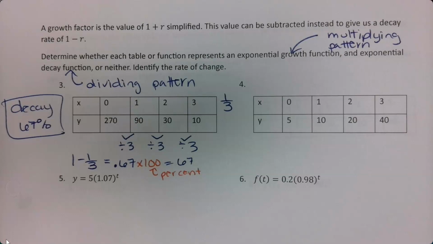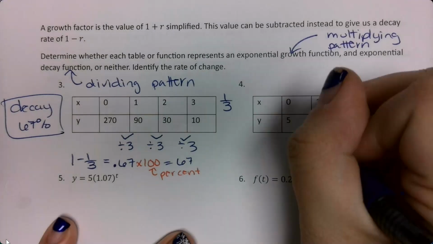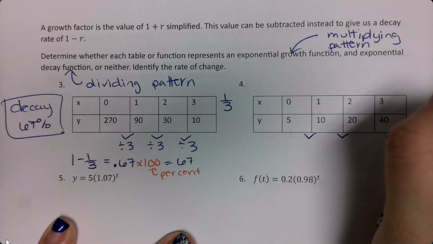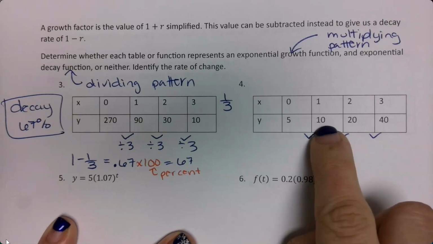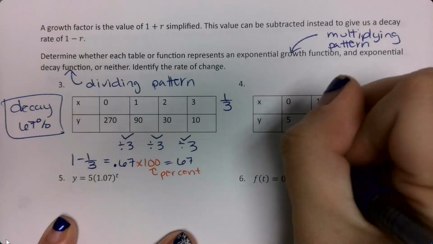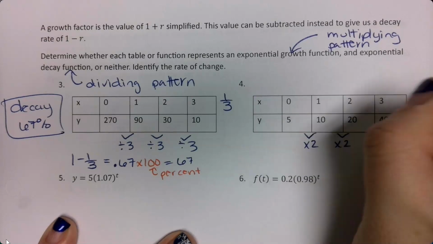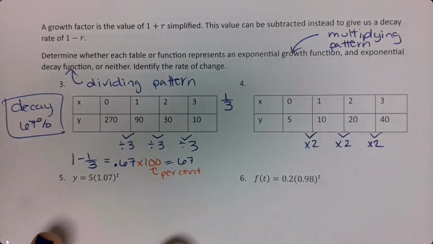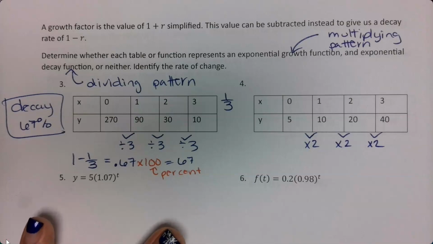Okay, so on number 4, what's the pattern there? How do I go from 5 to 10? Okay. Do I go from 10 to 20 by multiplying by 2? And 20 to 40? Okay, so then this one's going to be growth or decay.